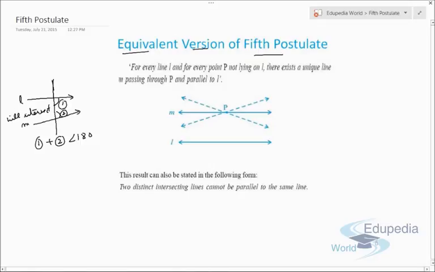Now in this section we'll discuss the equivalent version of this postulate, means we'll discuss the equivalent version of this definition only.